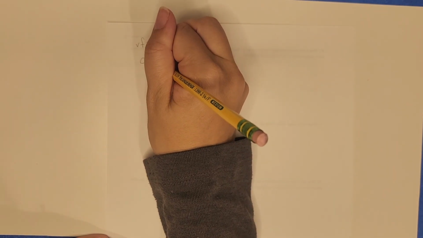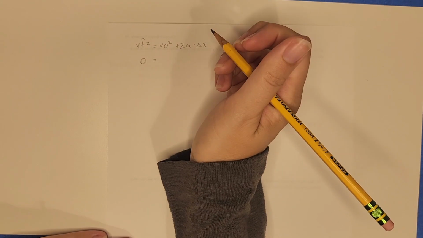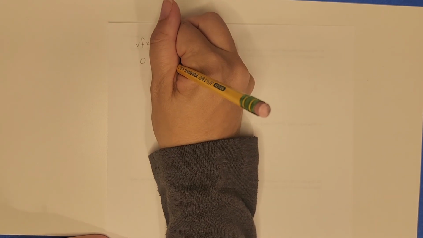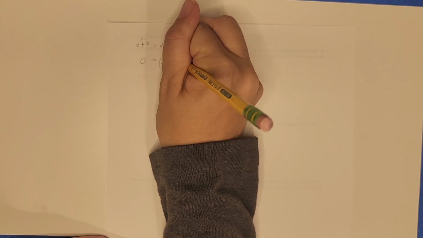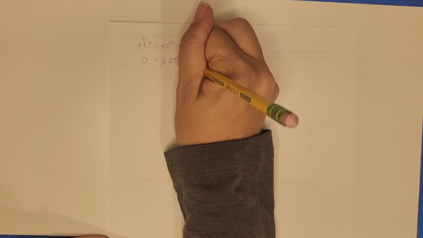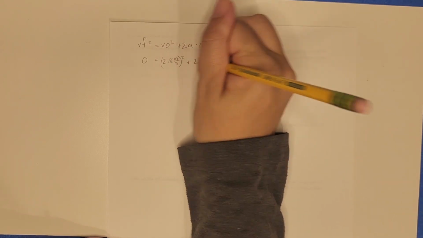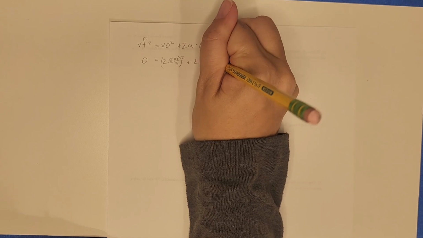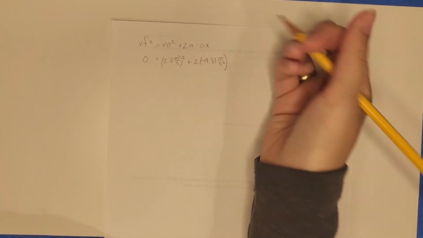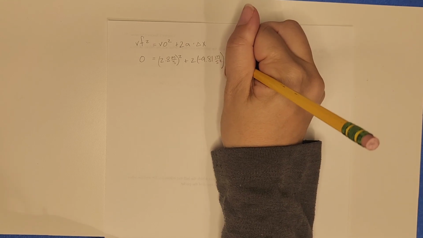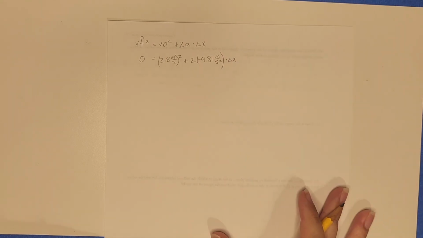Our final velocity is 0 because we are at the top of that parabola with a 0 velocity. And our initial velocity is 2.8 meters per second. I'm squaring all that, plus 2 times negative 9.81 meters per second squared, and then times our unknown delta x.